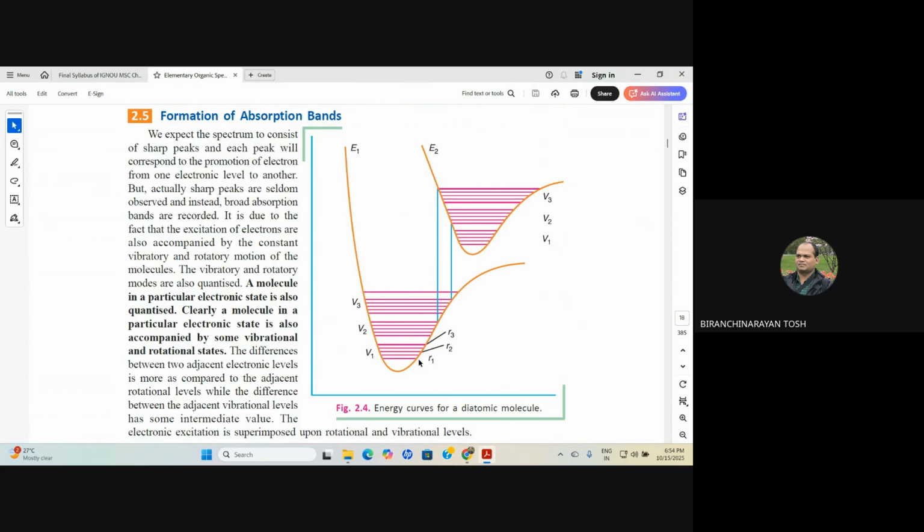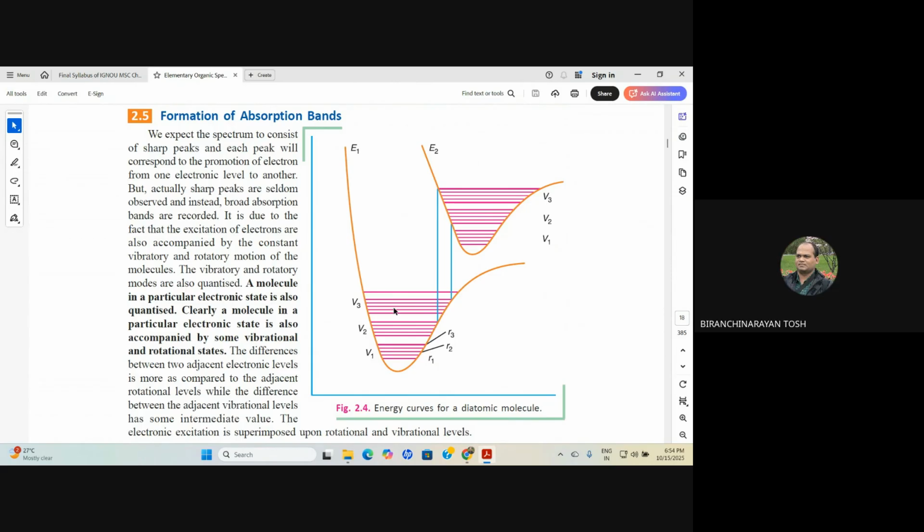And rotational levels are inside the vibrational levels because rotational energy is less than vibrational energy. So this curve represents that each electronic level is associated with some vibrational energy level, and each vibrational energy level is associated with some rotational energy level. Got the point? Yes, sir.